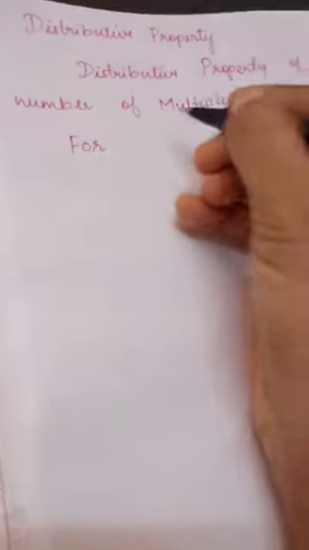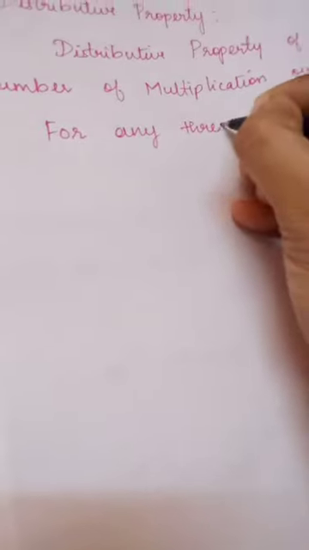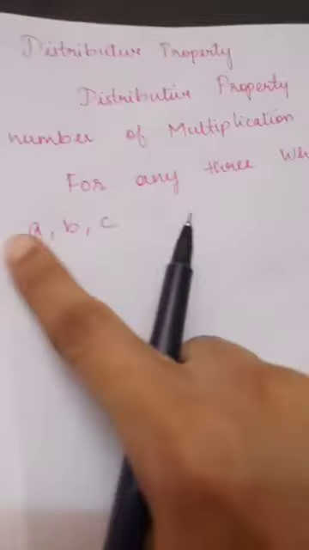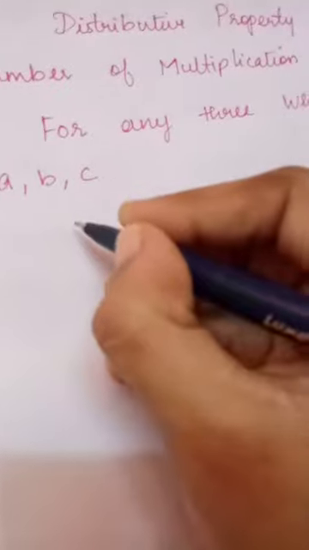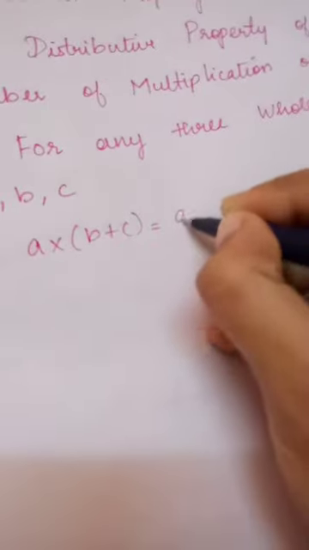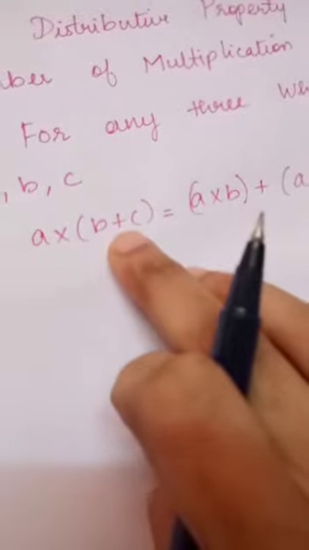Here for the distributive property, we have to consider three whole numbers A, B, C. Our distributive property of multiplication over addition is A into (B plus C) equals A into B plus A into C. This is somewhat different because here two different operators are used.